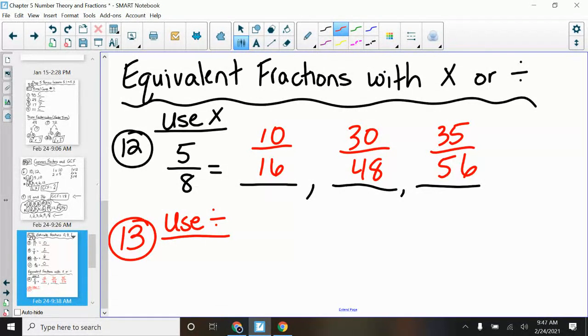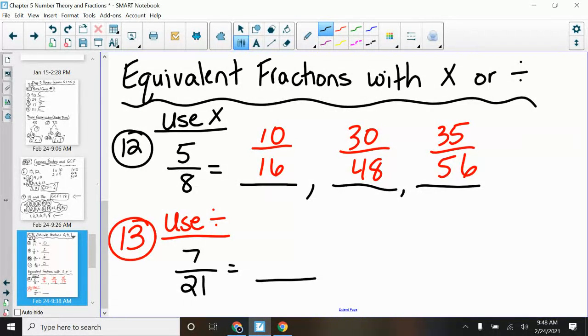All right, let's do one with division, okay? So what if I gave you one that was 7 over 21. I want you to use division and give me just one fraction that would be equal to 7 over 21.